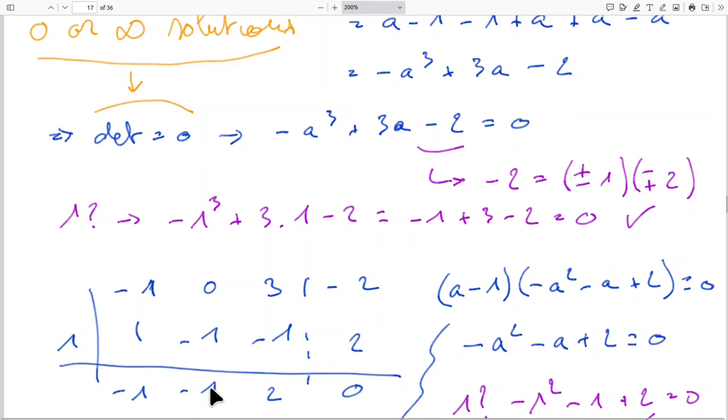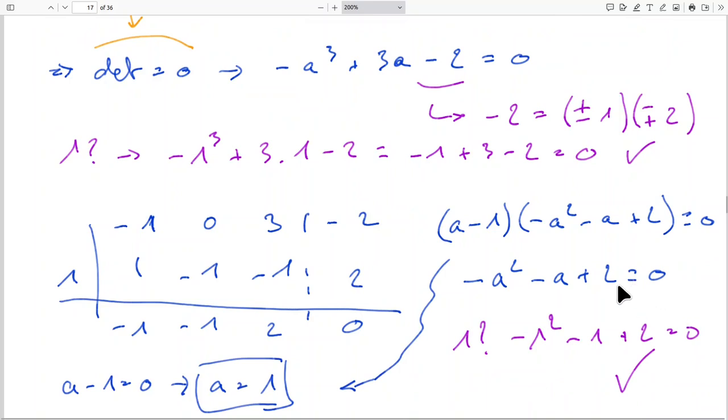Sum this gives minus 1. 1 times minus 1 is minus 1. 3 plus minus 1 is 2. 1 times 2 is 2. Minus 2 plus 2 is 0. So it is indeed divisible. So we get a minus 1 times minus a squared minus a plus 2 is 0.